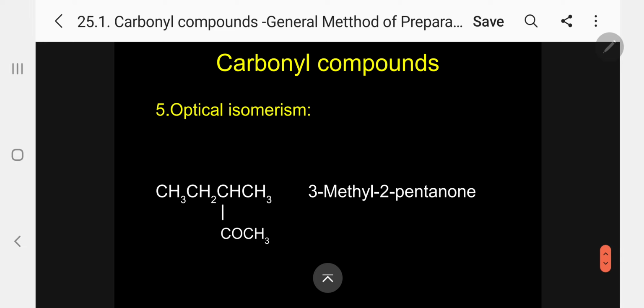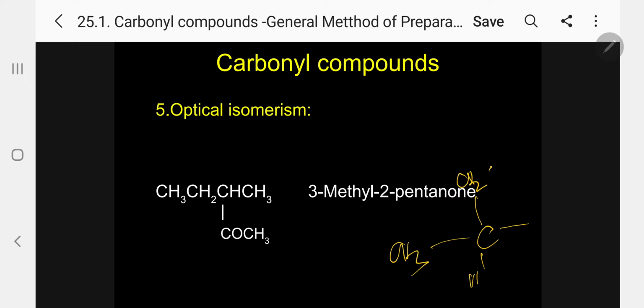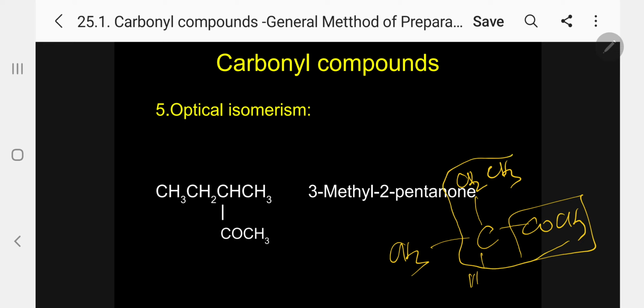Optical isomerism. As usual, we know how we can predict it: H, CH3, CH2, CO, CH3 and CO, CH3. Kindly follow. This is the functional group. Now kindly follow how we can name this. This is the parent, 1, 2, 3, 4, 5, pentanone, with the CO at 2, so 2-pentanone. So 3-methyl 2-pentanone.